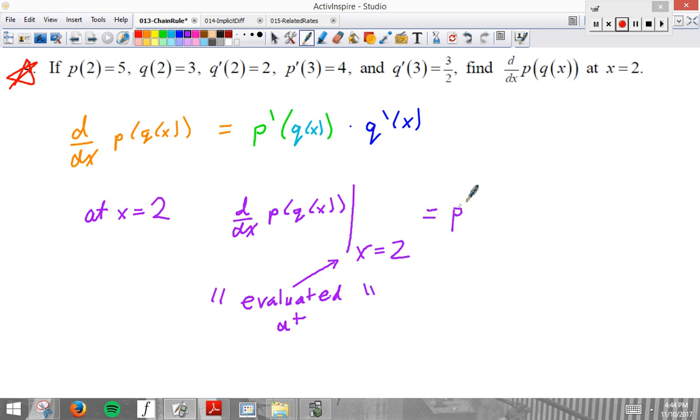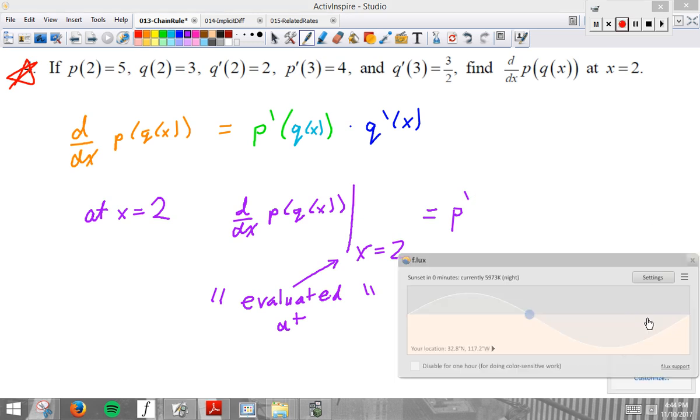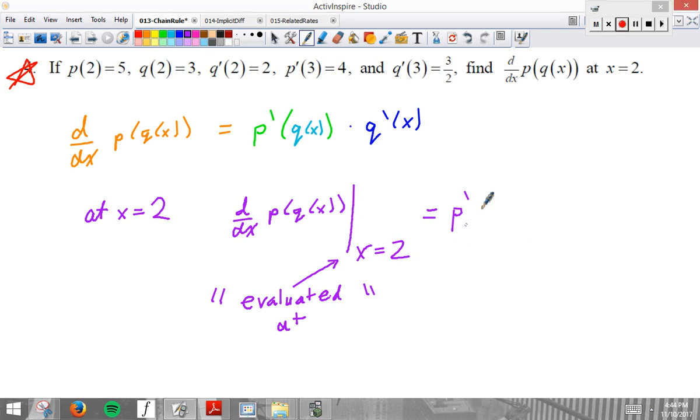We have P prime, sorry. It causes a lot of slowdown. P prime of Q of 2 times Q prime of 2. I just replaced all the X's with 2's. Notice there's no X to replace here.